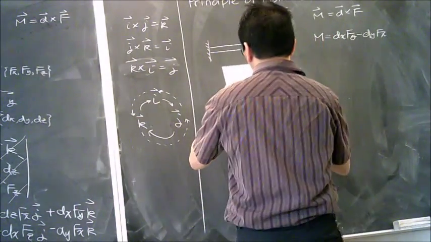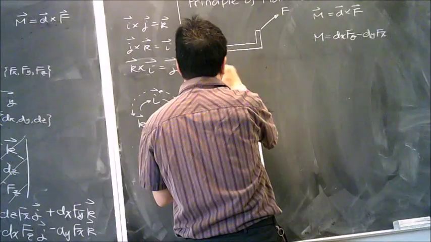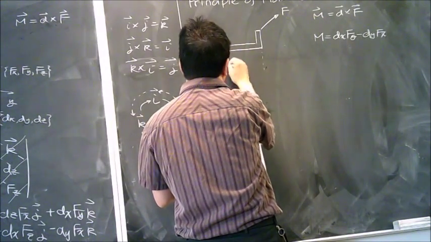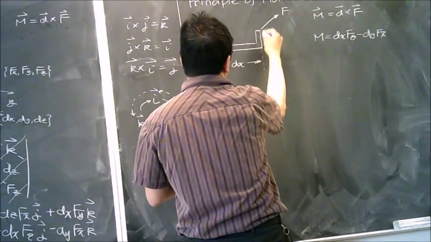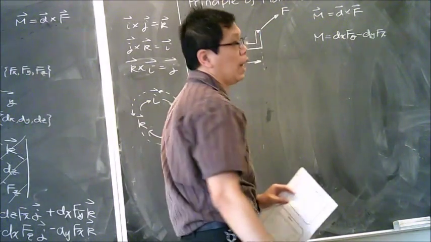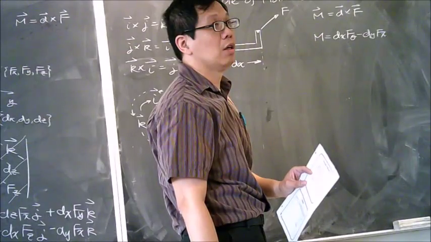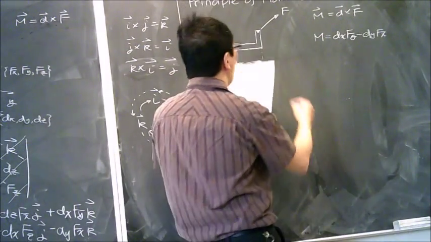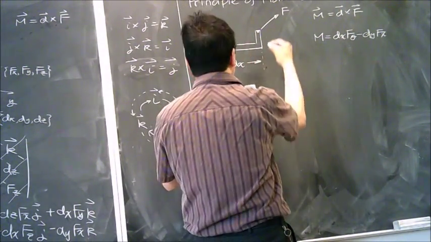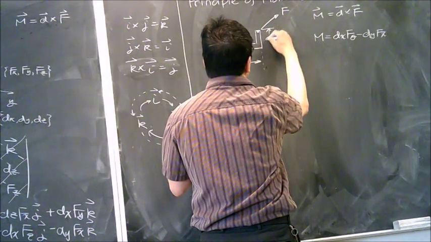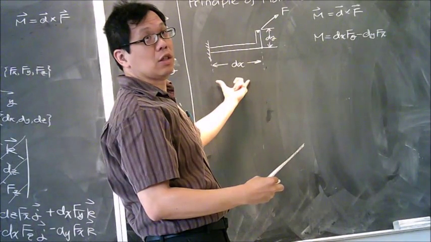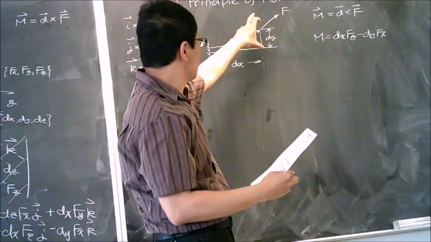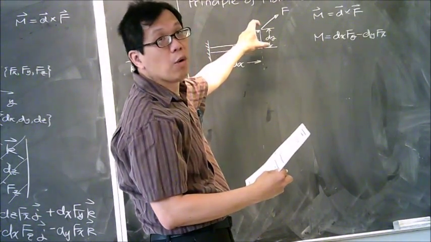Okay, so what I really mean is, I have dx over here. For the position over here, I need to locate the coordinate at this point where the force has been applied. So over here, the horizontal distance is dx, the vertical distance is dy.